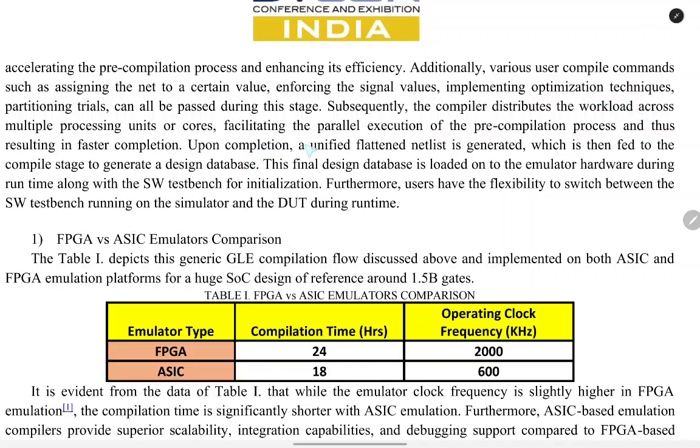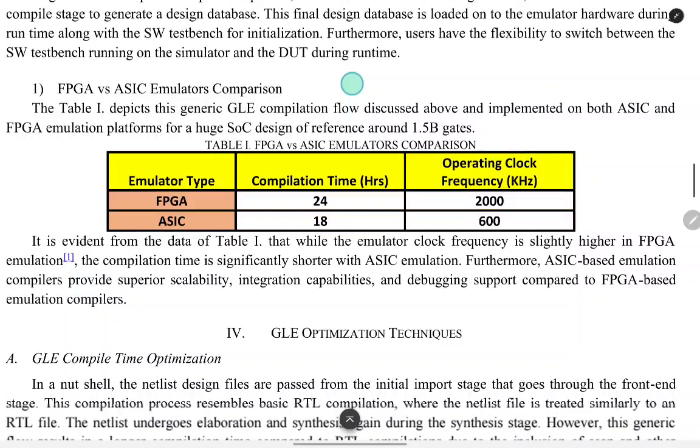Upon completion, a unified flattened netlist is generated, which is then fed to the compile stage to generate a design database. The final design database is loaded onto the emulator hardware during runtime, along with a software testbench for initialization. Furthermore, users have the flexibility to switch between the software testbench running on the simulator and the DUT during runtime.